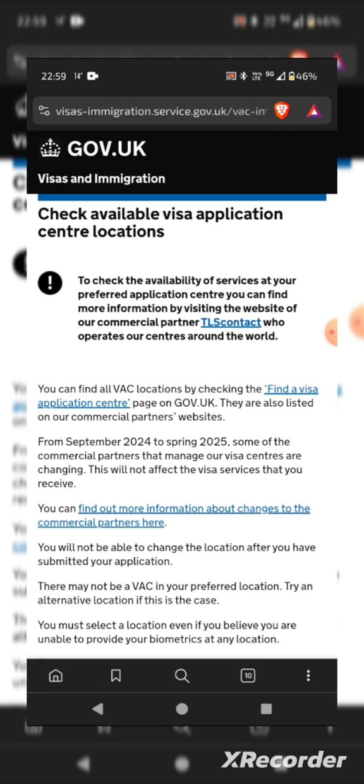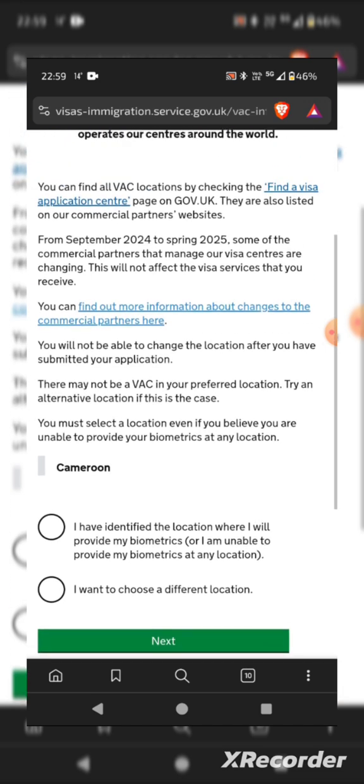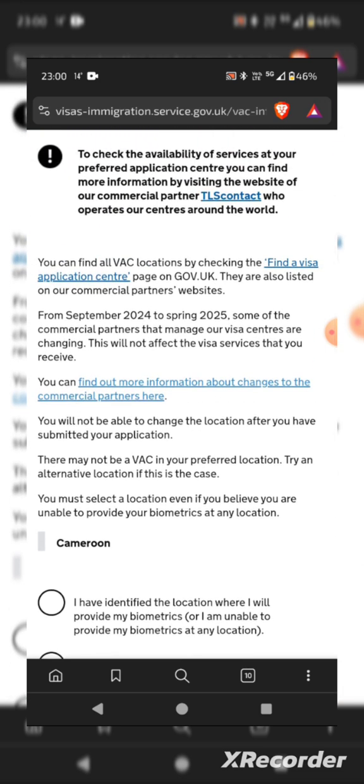So if I choose Cameroon, the next page that comes up is to check the available visa application center location. So it's about you checking if there is a visa application center around where you are.